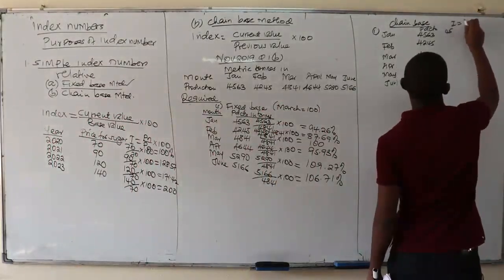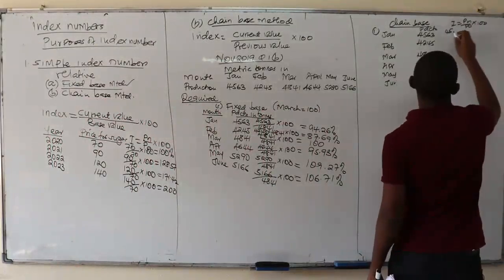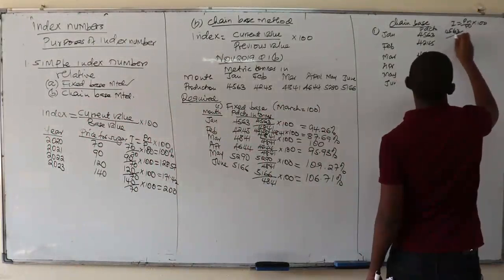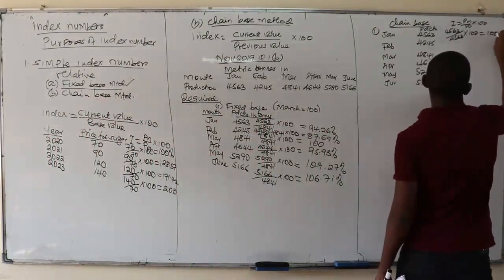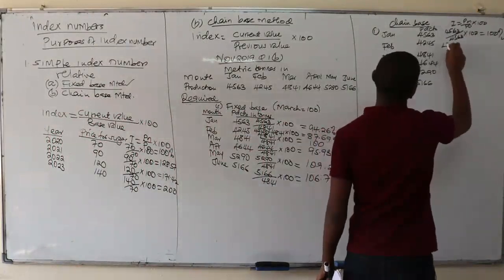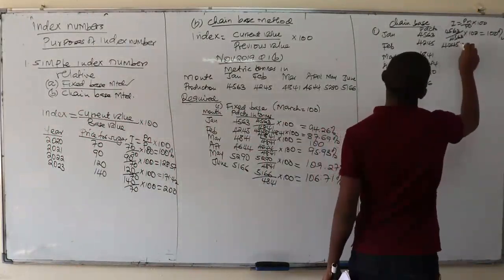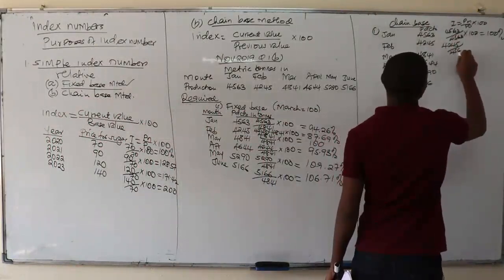Remember index is Pn over Po. You take 4563, divide by 4563, multiply by 100, which in that case will be 100. Same case here, you take 4245. The base will be the previous year, which is 4563.